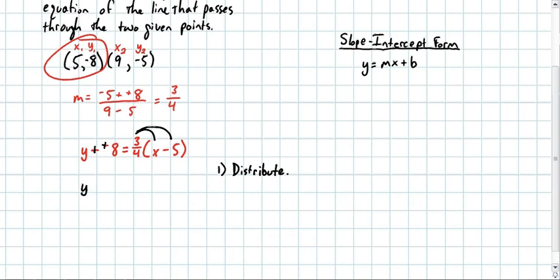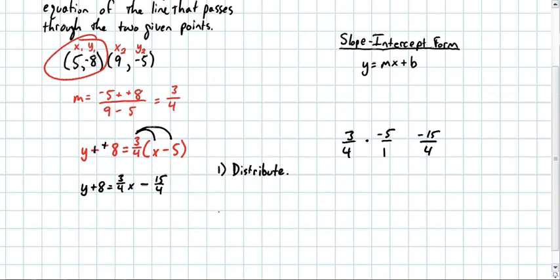So now I have y plus 8 equals 3/4 times x is 3/4 x. 3/4 times -5 is 3 times -5 is -15 over 4, and that can't be reduced, so minus 15 over 4. And I'll just keep it like that for now.